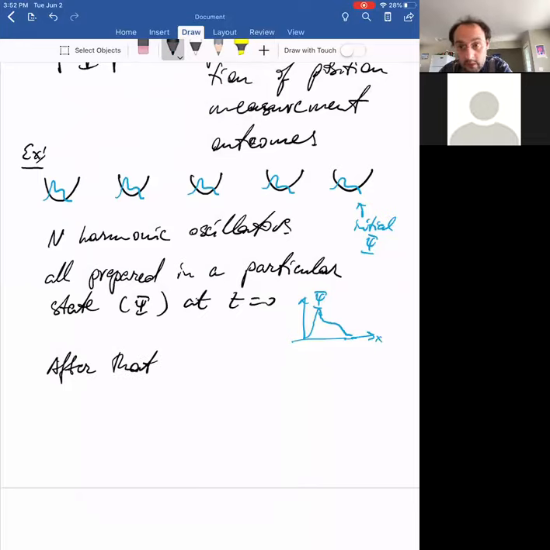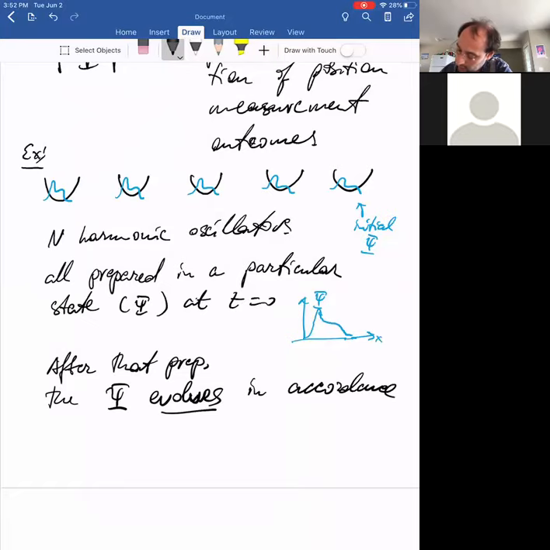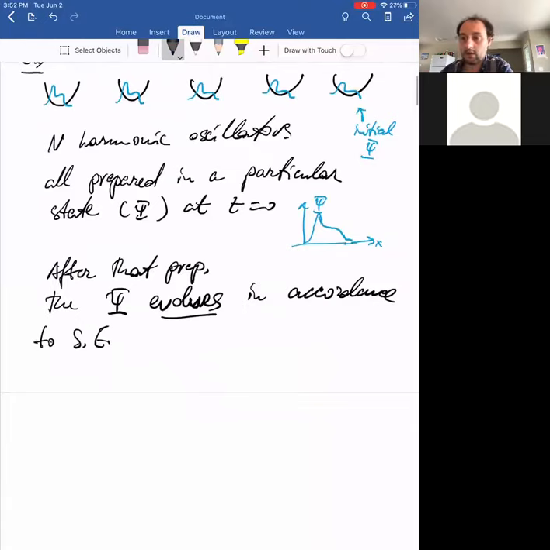So this is called preparation. After that prep, the wave function evolves in accordance to Schrödinger's equation. Okay, the full Schrödinger's equation.